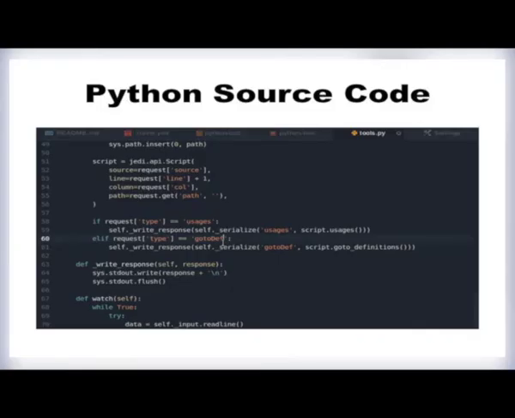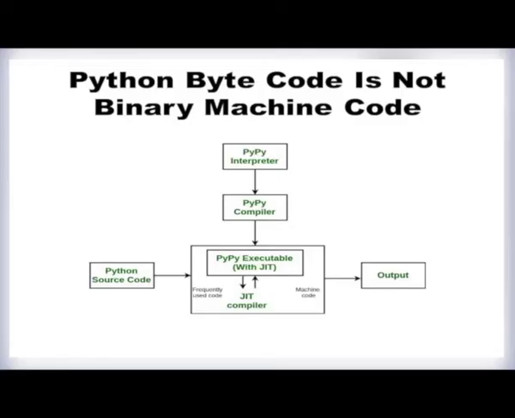When we execute a Python source code, Python compiles it into a bytecode. Compilation is a translation step and the bytecode is a low-level platform independent representation of source code. Note that the Python bytecode is not binary machine code.